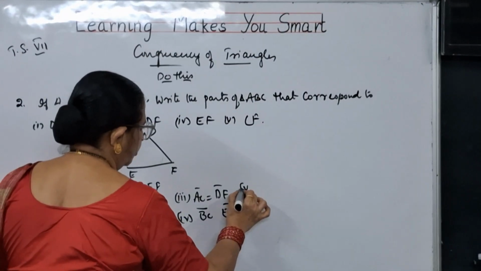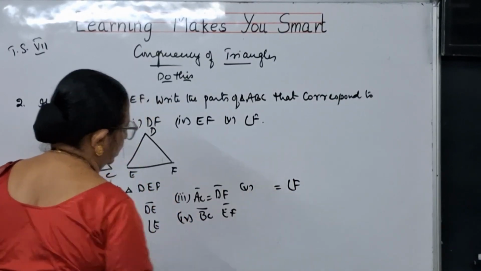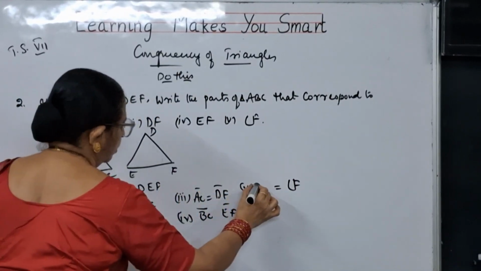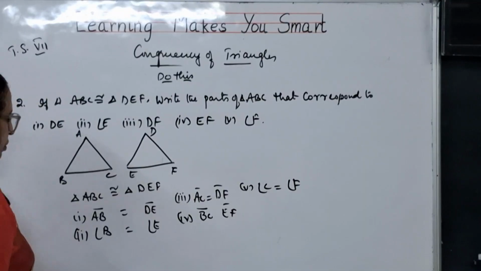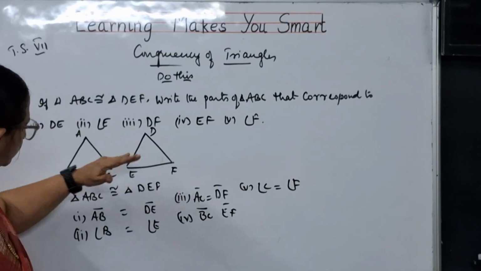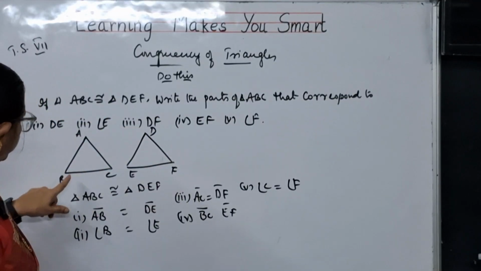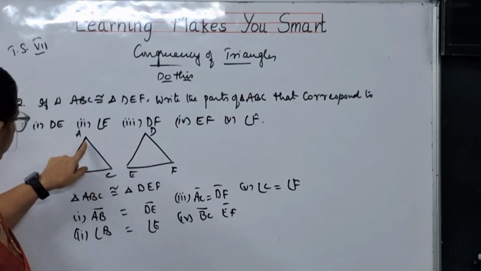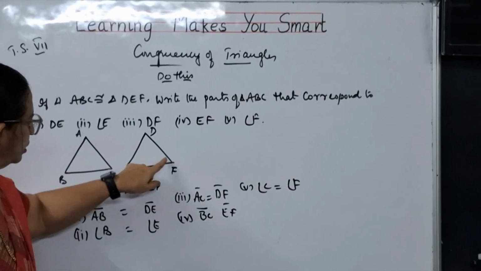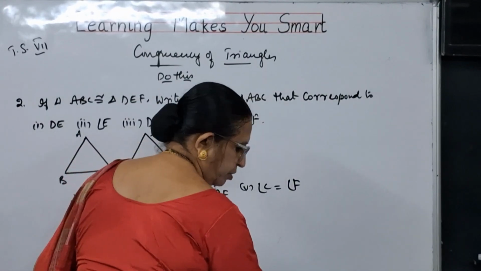And fifth bit, angle F of triangle DEF should be equal to angle C of triangle ABC. Corresponding means this side is equal to this side, this base is equal to this base. Angles, these two are corresponding, these two are corresponding, these two are corresponding. So I hope I am clear, children. Please note it down.